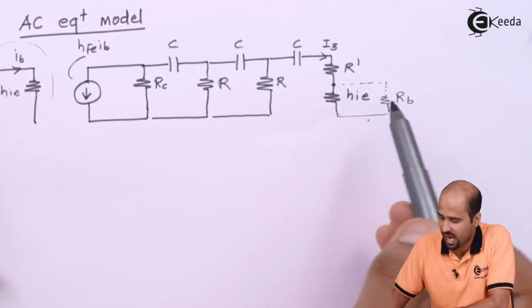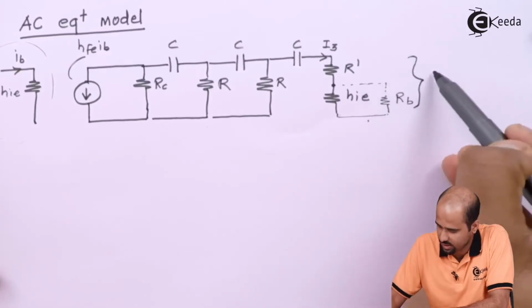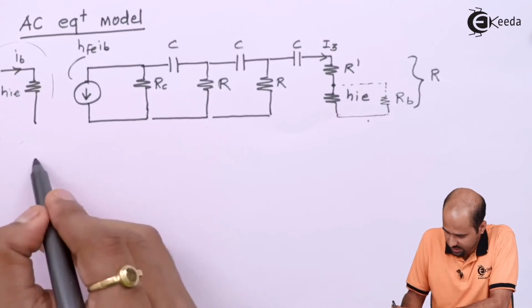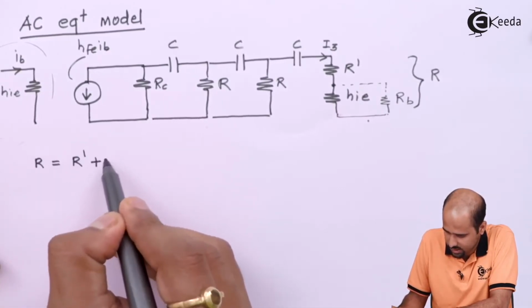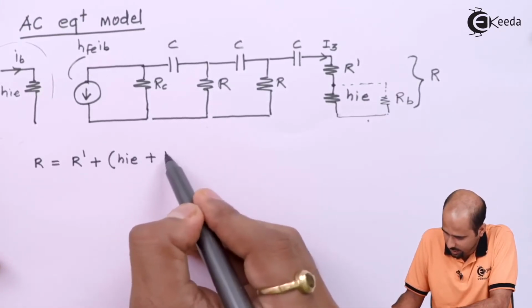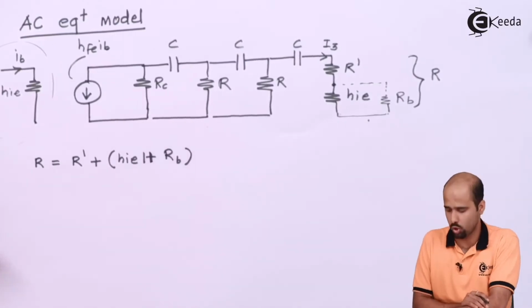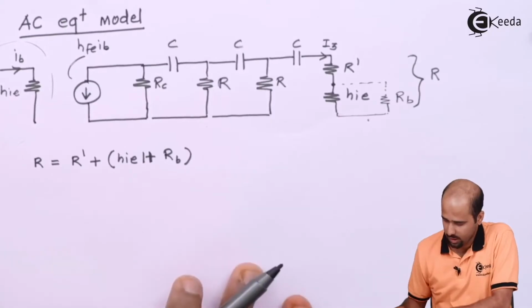As far as this RB is considered, this complete resistance is R. So R is equal to R dash plus HIE parallel RB. Okay, fine. So far so good.